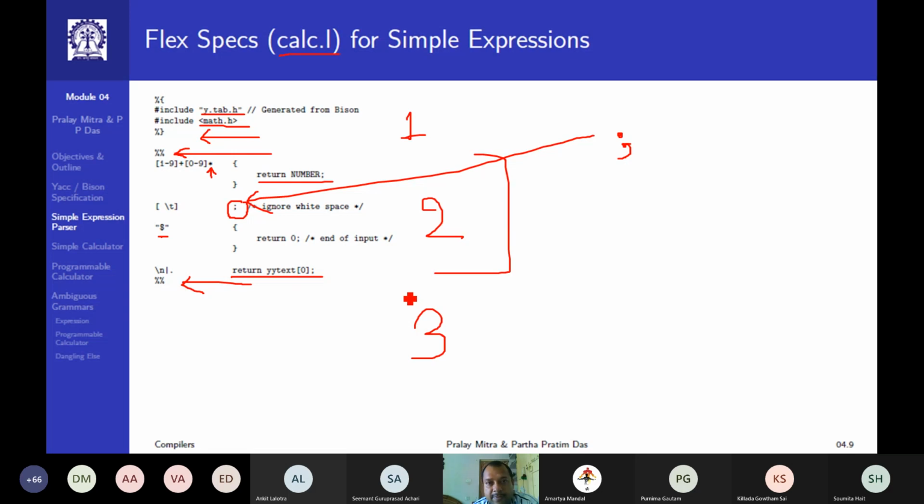This yytext, you remember that it is a utility inside the Flex program. So you need not worry when you compile this using Flex. Then corresponding to this yytext, the relevant source code will be invoked and it will be replaced here.